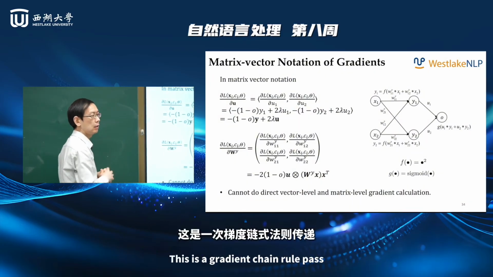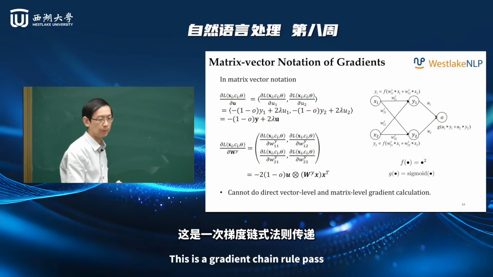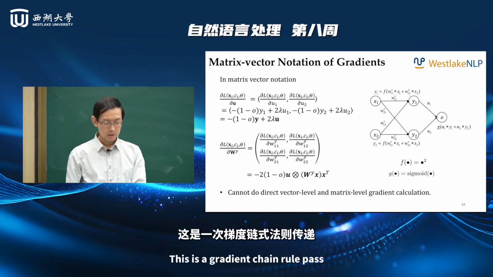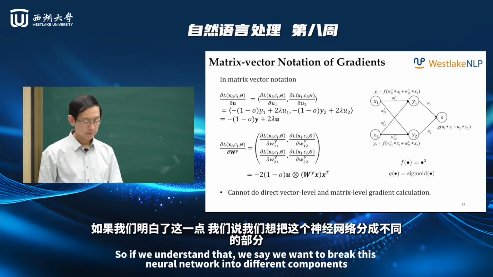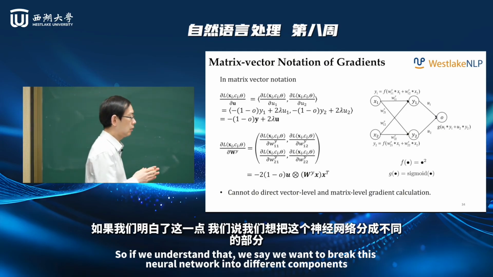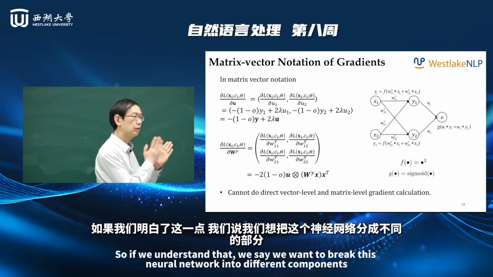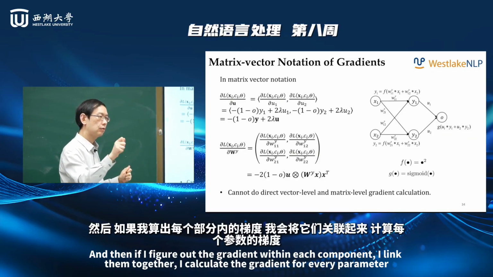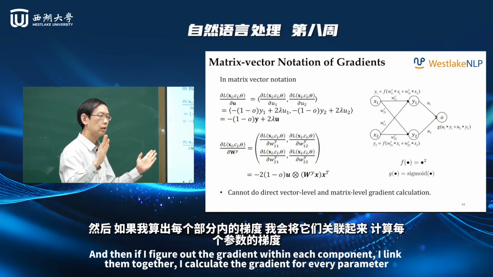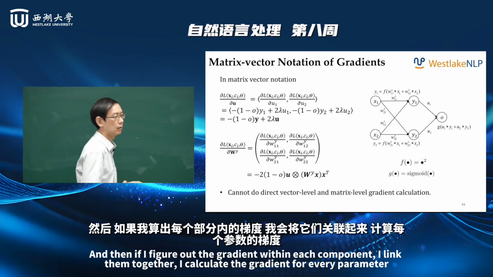This is a gradient chain rule path. So if we understand that, we want to break this neural network into different components. If I figure out the gradient within each component, I link them together and calculate the gradient for every parameter.